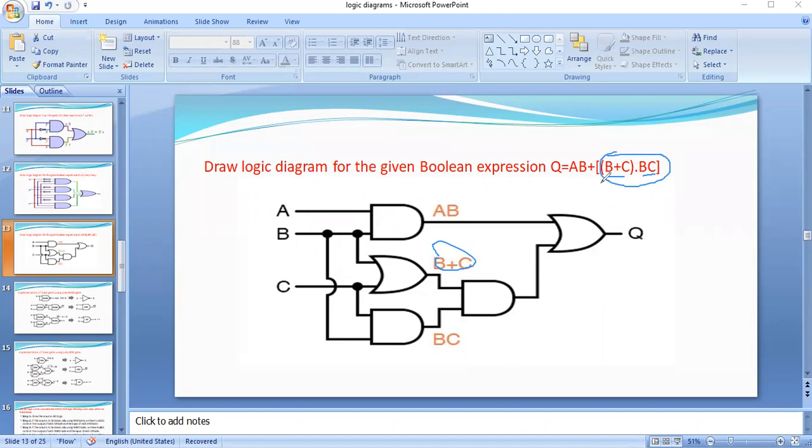Then the other product term we have is AB. So here is AB. AB is one term, and we treat the whole bracketed term as one term, and give these two terms as input to the OR gate. So we get the output Q.